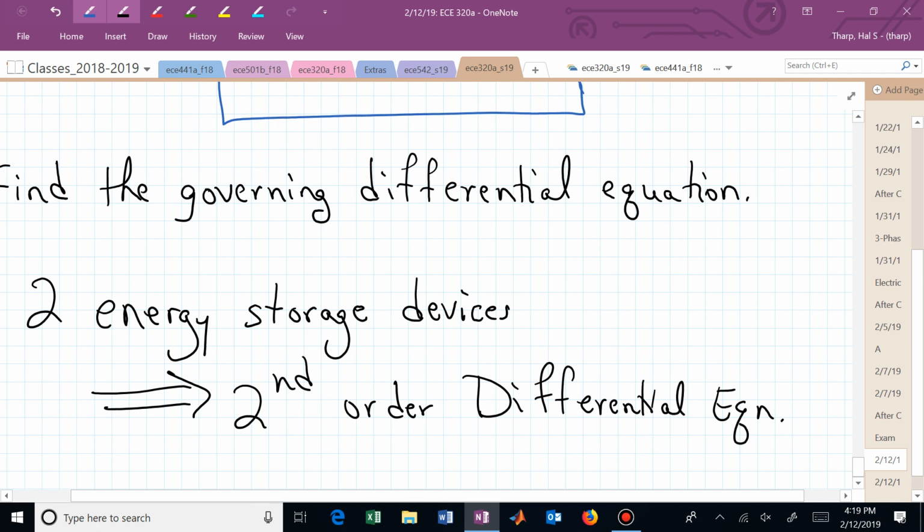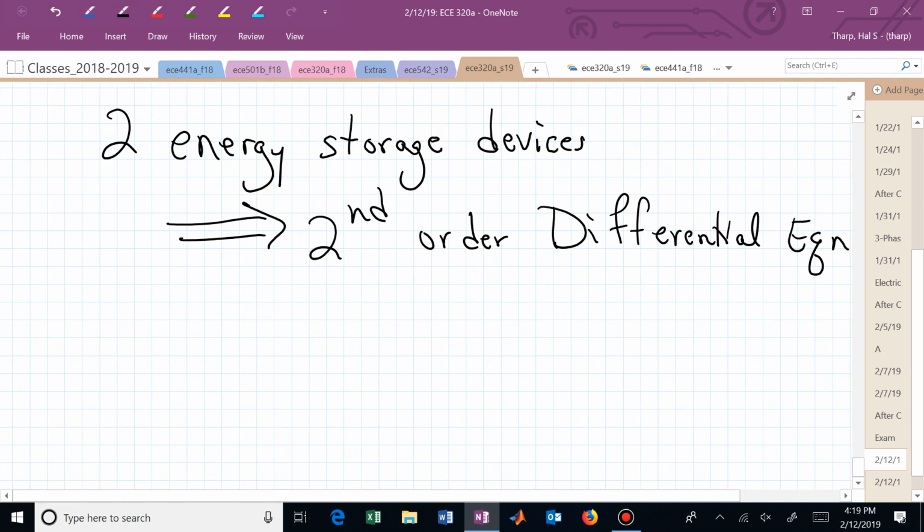And if somebody said, oh, what's the generic expression that might arise from that circuit? And now you say, well, I have two energy storage devices. Let me write down a generic second order differential equation. Linear, time invariant. So you might say, oh, it's alpha 1 V sub c double prime of t. What's V sub c?